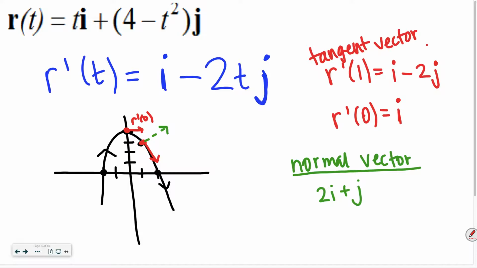Our derivative evaluated at 1 gave us our tangent vector, making them orthogonal gives us our normal vector. Kind of cool.